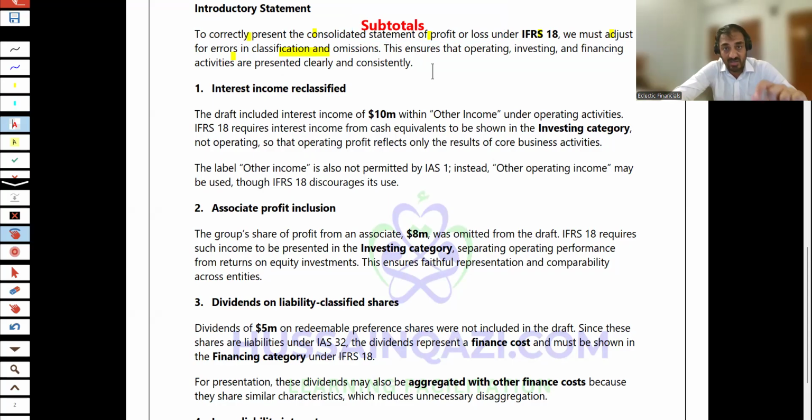If there is a mistake about the subtotals, you have to mention that. Even this question has not yet mentioned the subtotals. In fact, the answer is not complete if there is a mistake about the subtotals and you are not mentioning it. This ensures the operating, investing, and financing activities are presented clearly and consistently.